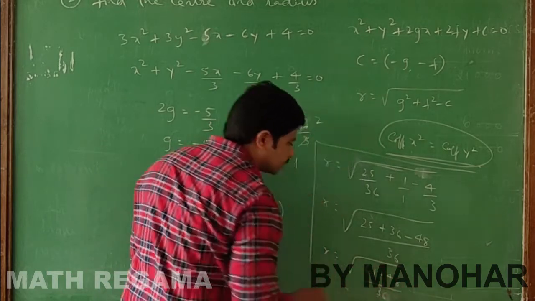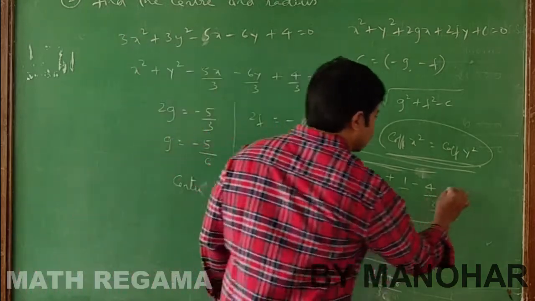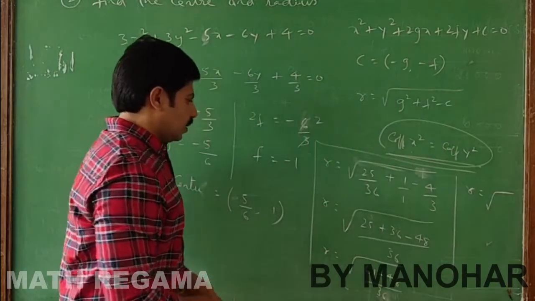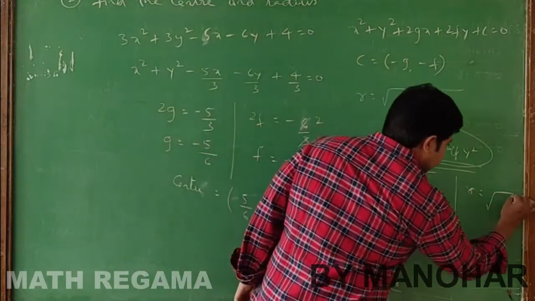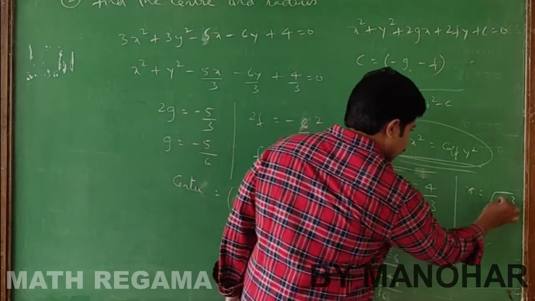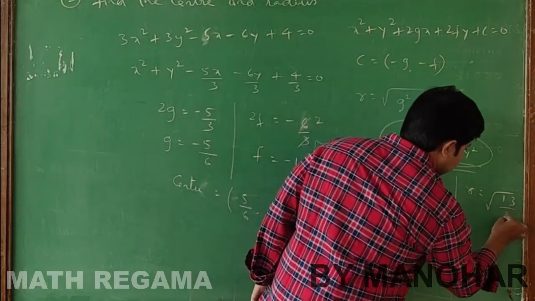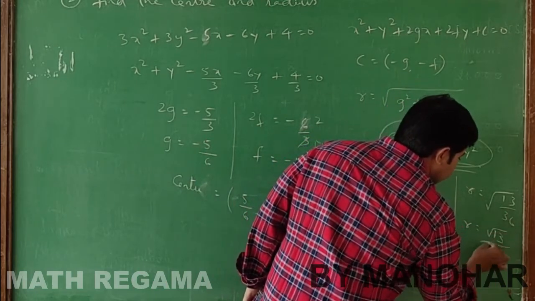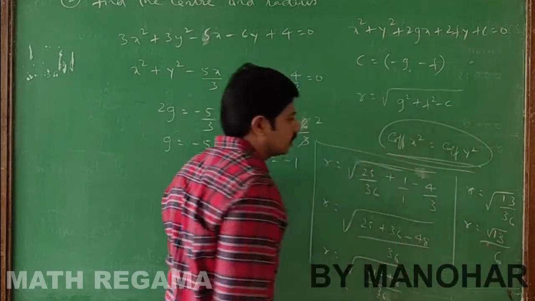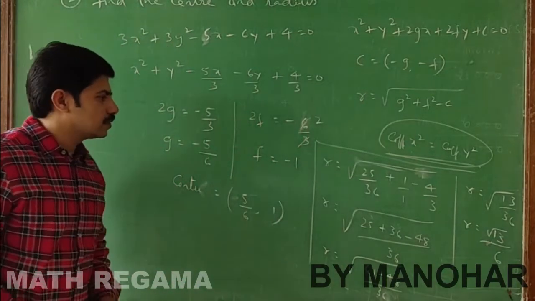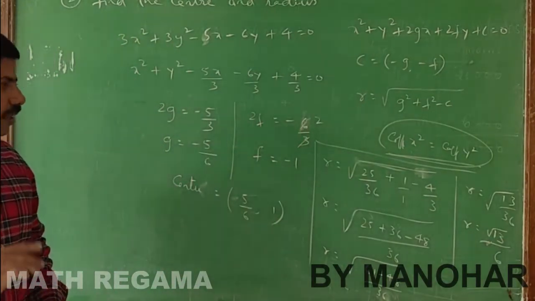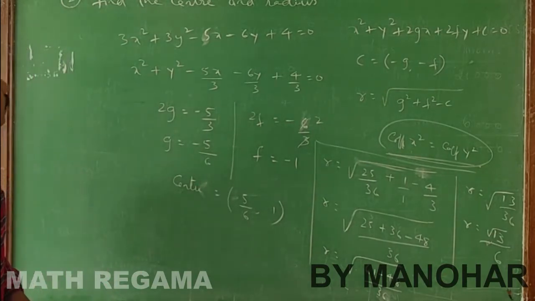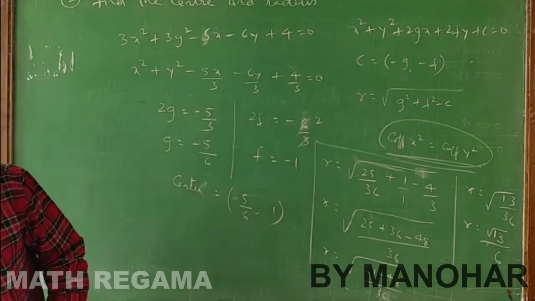So if you subtract, what is r? r is equal to under root of 13 by 36, so the r value will be root 13 by square root of 36, which is 6. So the radius is root 13 by 6. That's all. This problem is completed. Next one.